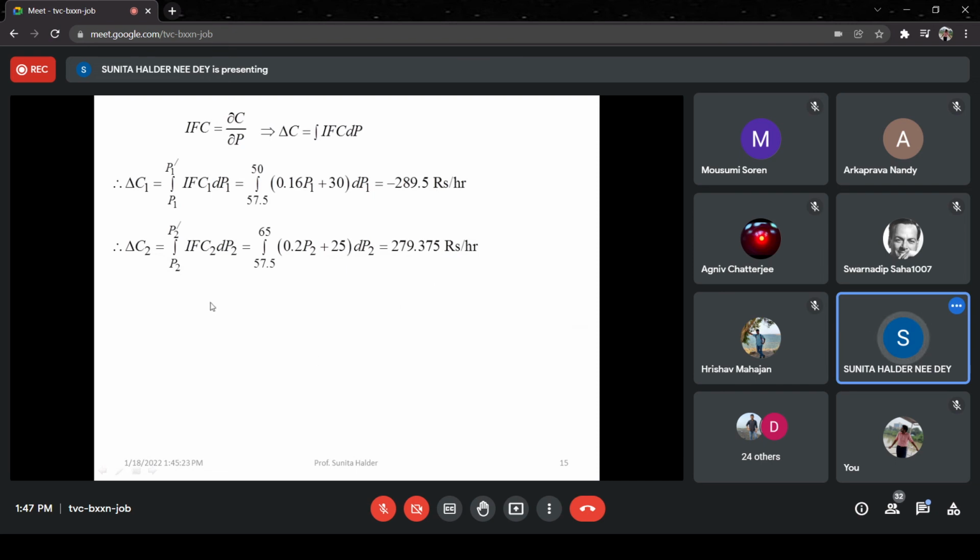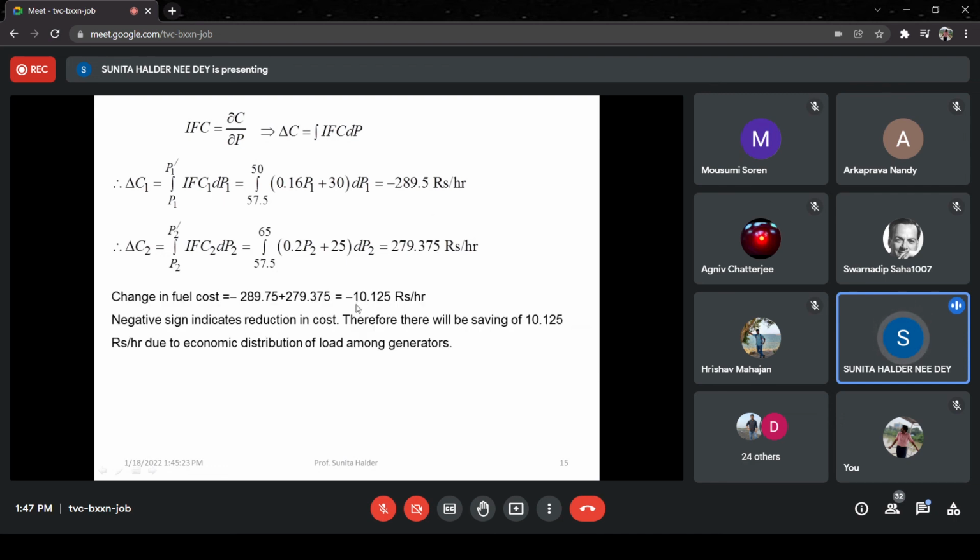Now for the same case, when we go for the second generator from 57.5 to 65, the cost is rising, 279.375. So the actual total change in cost is minus 10.125. The negative sign means there is a saving in fuel.